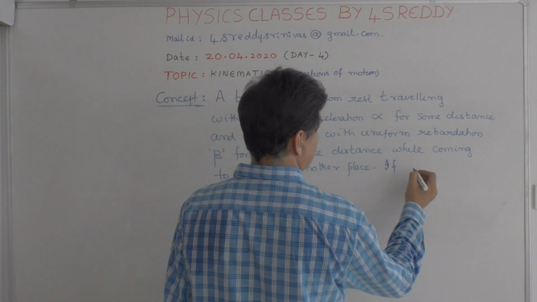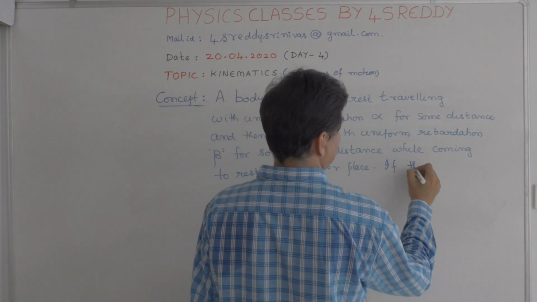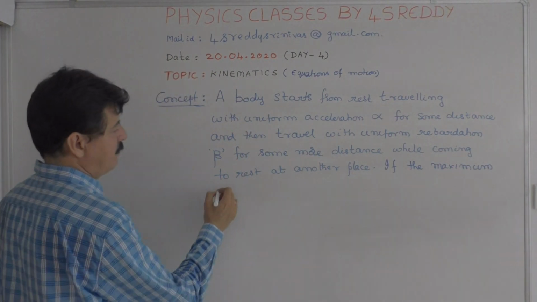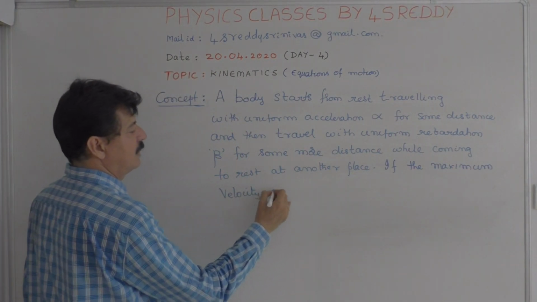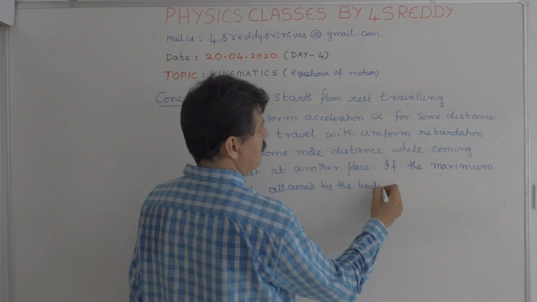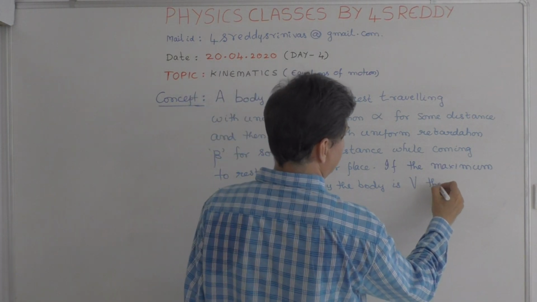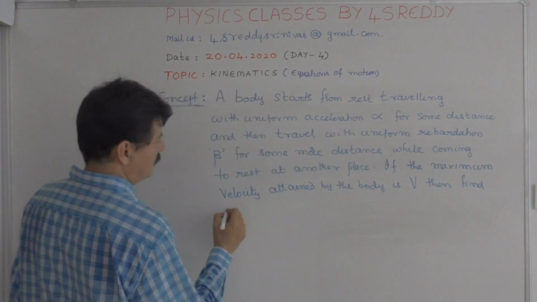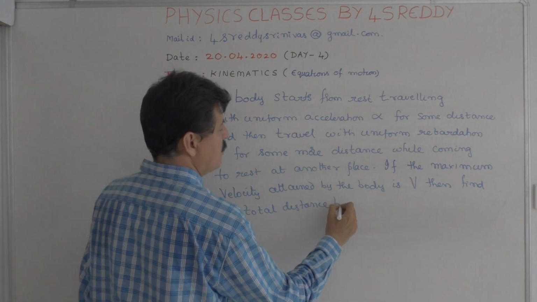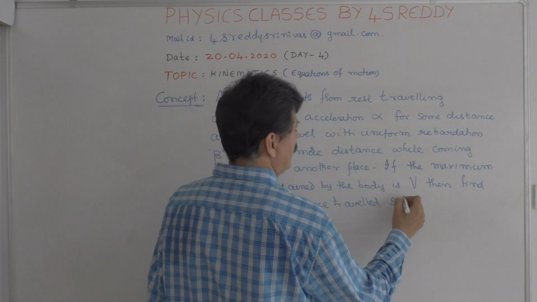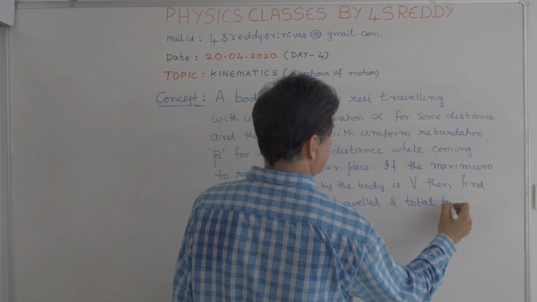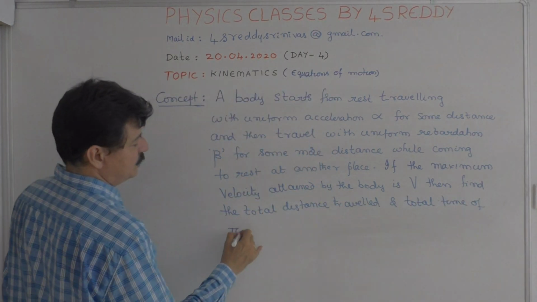If the maximum velocity attained by the body is capital V, then find the total distance travelled and total time of journey.